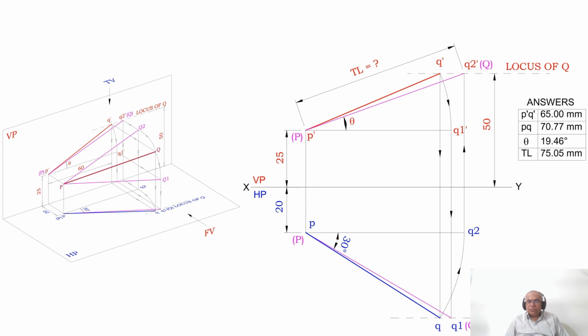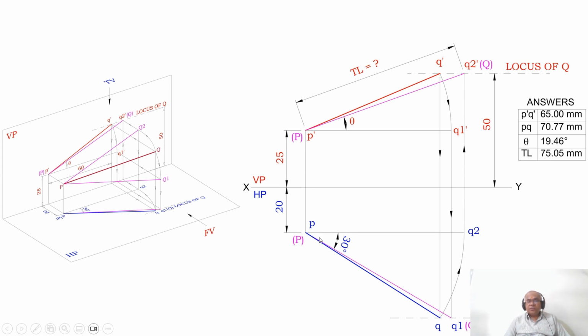Finally, we come to the point of how do I know that my problem is right? This is the most important thing in our drawing. How to read that? So we know here, this is the front view. Why? Because in the top view also it is inclined. This is the true length in the front view because the top view line is parallel to XY.